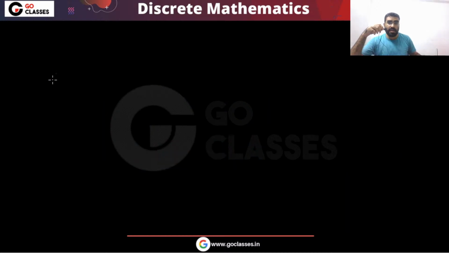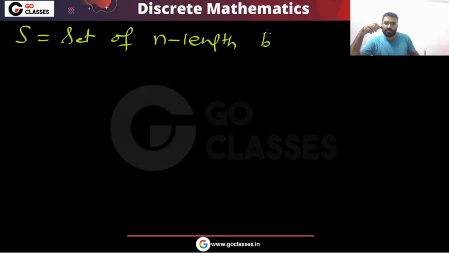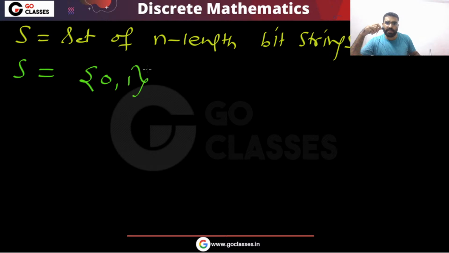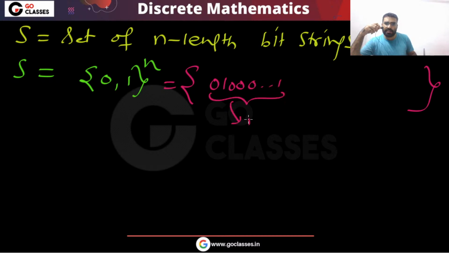Let's find out the answer for n length bit strings. Let us assume your set S is a set of n length bit strings. Every bit string is of length n. So this is your set.